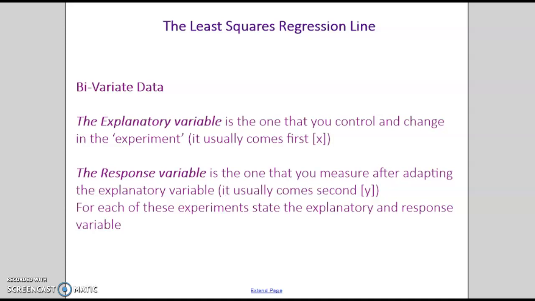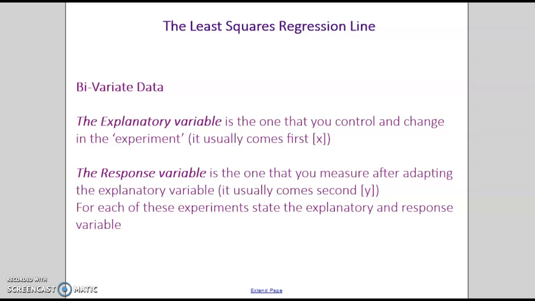So the explanatory variable is the one that you are in control of, the one that you can change. It's the one that is the experiment. Even if it's something that you're measuring, it's something that you're measuring at specific points that you have chosen. It's normally the one that comes first in your data set, so either the top of the table or the left-hand side of the table.